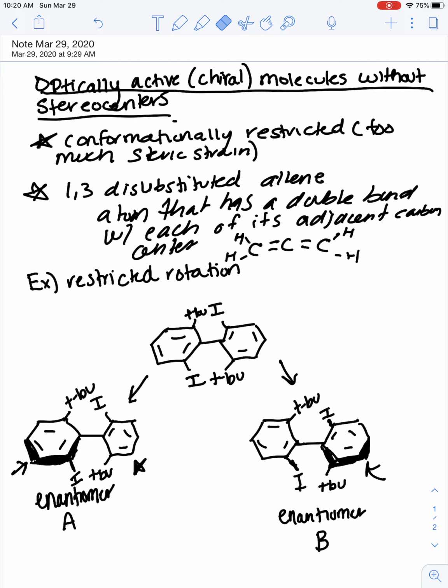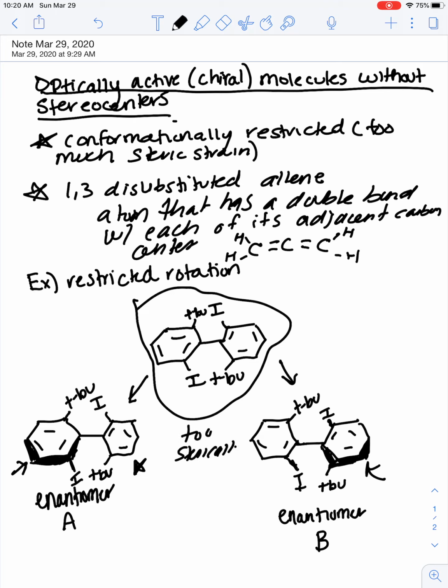The first example is restricted rotation. If we look at this molecule right here, we have sp2 hybridization, so we would expect the molecule to be planar. But the problem that we experience is that this molecule is too sterically hindered.